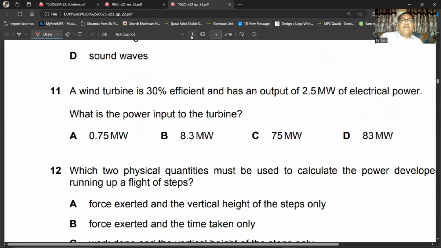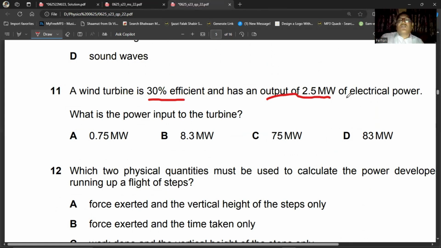Okay, question number 11. It says a wind turbine is 30% efficient and has an output of 2.5 megawatt of electric power. What is the power input to the turbine?